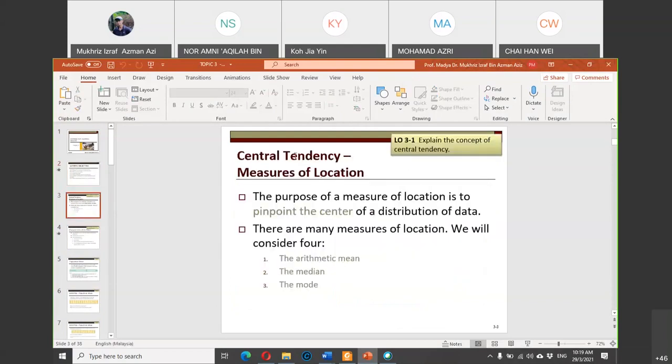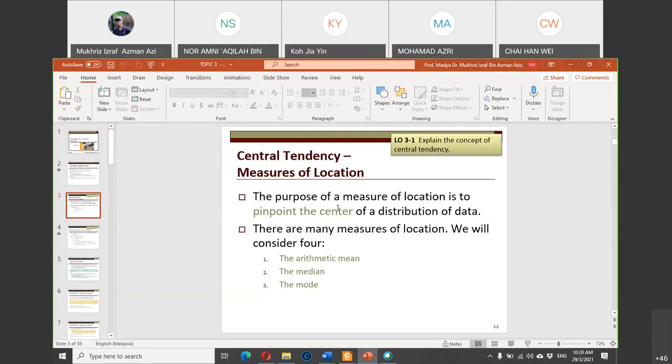The word central tendency is the tendency of your data to be concentrated in the middle of your data. There are three common approaches to analyze the location of your data, or where your data is located, what value is located in the middle of your distribution.